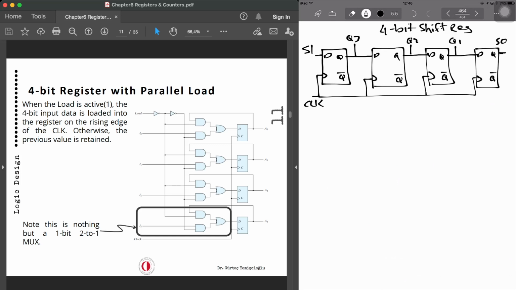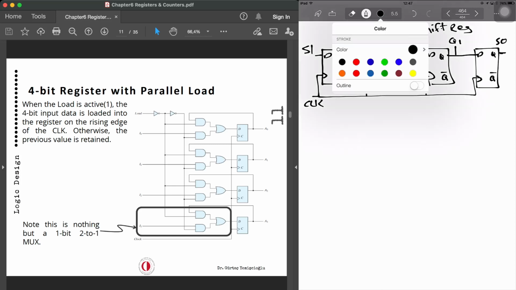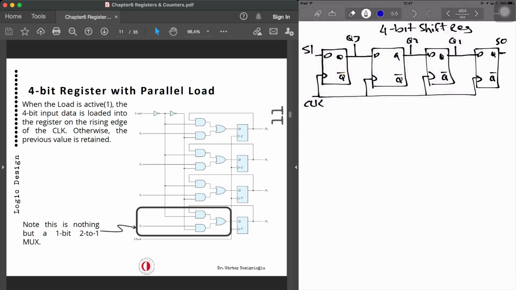Now, what do we mean by serial in, serial out? We can demonstrate that. We can have a simple demonstration using the clock, as this is a clocked circuitry. So we have got clock, serial in data, Q3, Q2, Q1, and Q0, which is serial out.